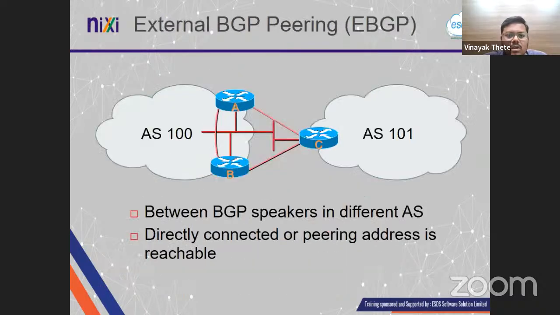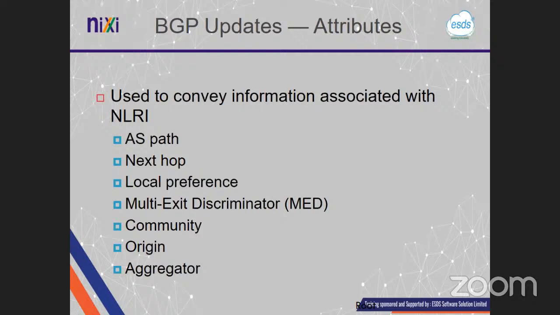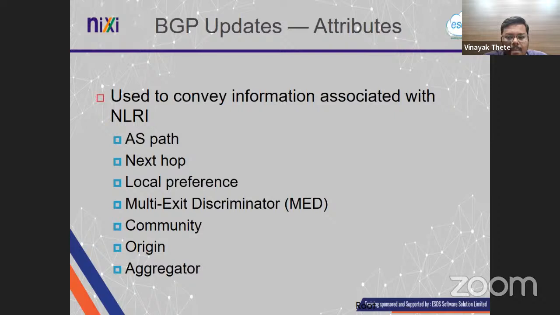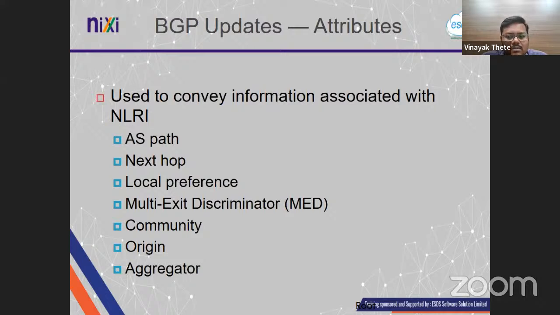Yes, the updates will be given from the route reflector only in a route reflector scenario. The client will not give the update to another client. Only the route reflector, the mediator which is configured there, will give the update to its clients.